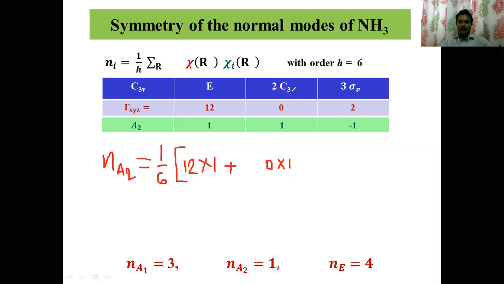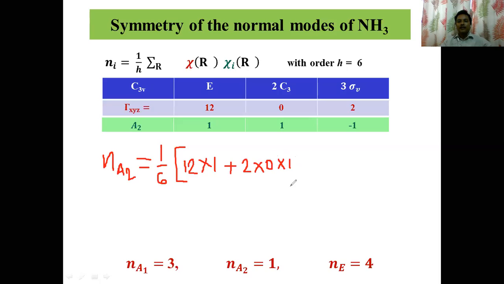Don't get confused because I have two operations here, C3 1 and C3 2. They belong to the same class. So that's why we go for the 2 C3 and they have the same character. So if I sum over R, I should have one more term like this, right? So instead of going for one more term, I'll multiply this with 2, right? So that is something like this.